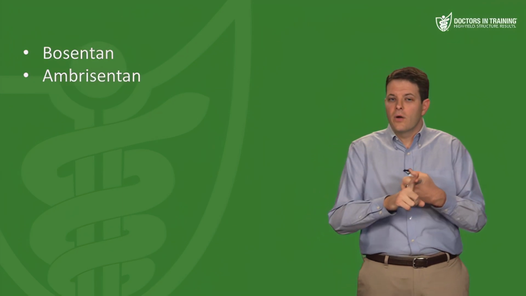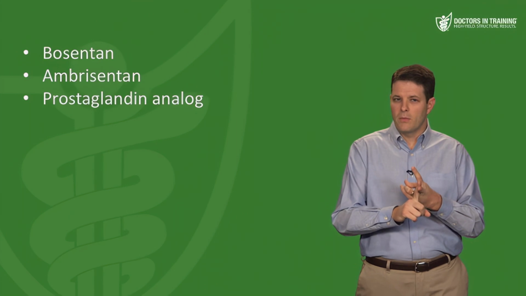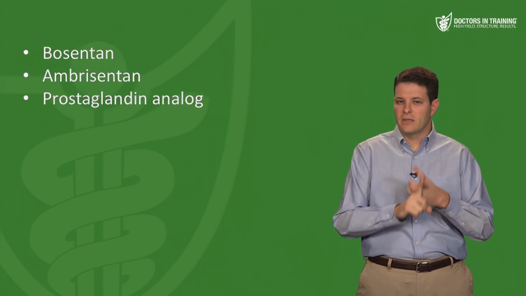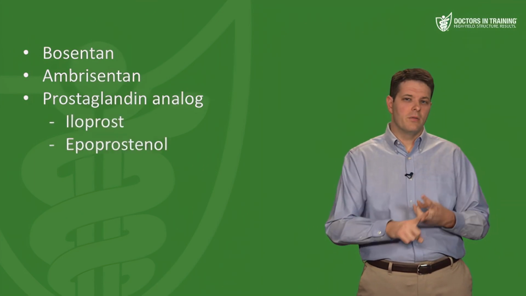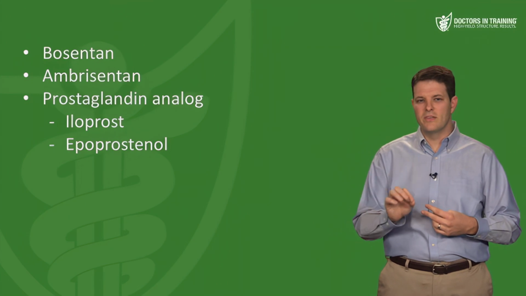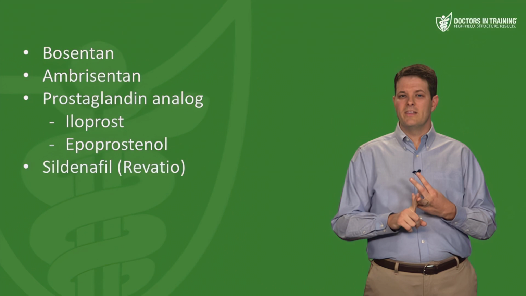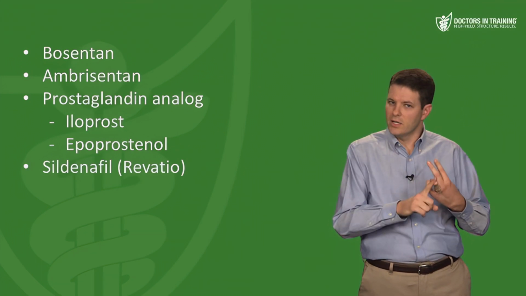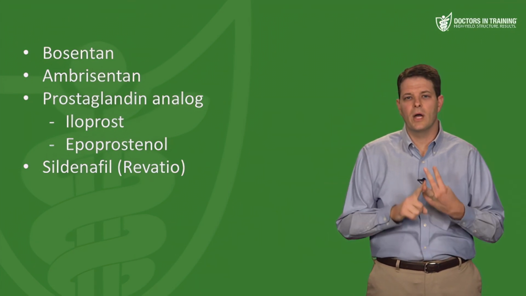Then there are also a few other options to treat pulmonary hypertension. You can use a prostaglandin analog. Remember, prostaglandins relax smooth muscle, and they dilate vessels like the pulmonary arteries. So iloprost or epoprostenol would be a couple of examples. You don't necessarily need to know those specific drugs. Just know that prostaglandins are another option. Another option would be sildenafil. Now, you know sildenafil. That's a generic name for Viagra. It's not just for erectile dysfunction anymore. It's also approved for the treatment of pulmonary hypertension.